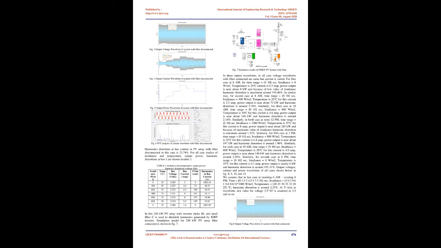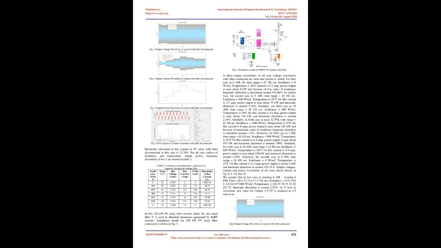Harmonic distortion is around 23.74%. On the y-axis in the waveform, the tick value for voltage 2.5 * 10^4 is assumed as 2.5 and so on. Output voltage, current, and power waveforms in the harmonic analysis for all cases are shown below in Figures 3, 4, 5 and 6. Harmonic distortion at bus current in the PV array with the filter disconnected in this case is 23.74%.